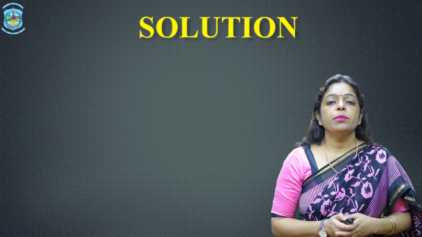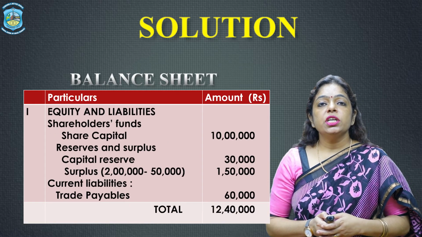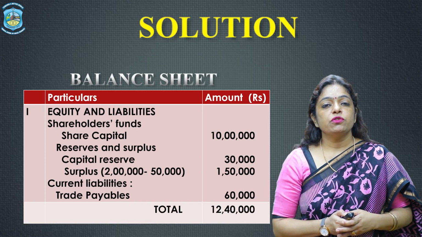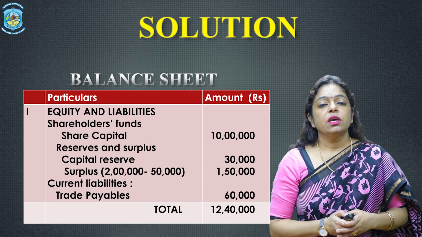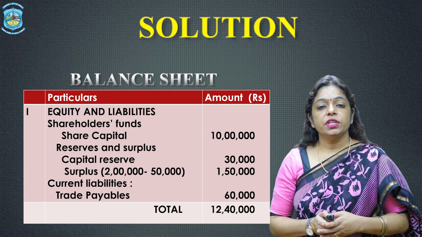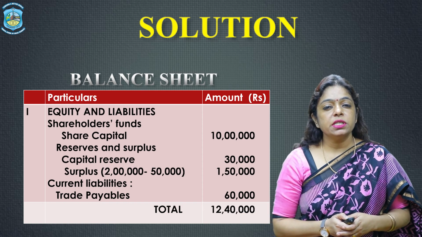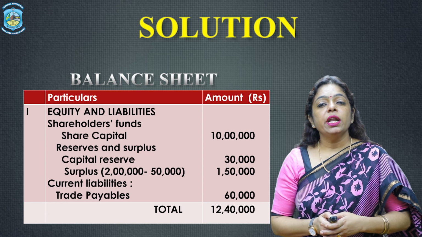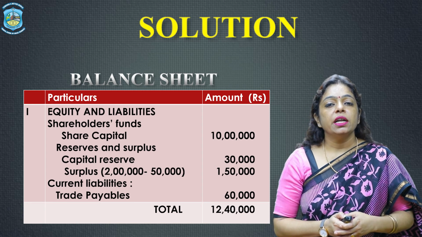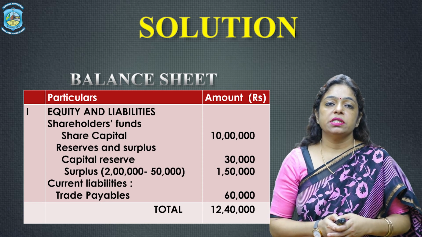Let us see the effect in the balance sheet. In the balance sheet, under equity and liabilities, we have share capital of 10 lakhs. Under reserve and surplus, we have capital reserve of 30,000. We have surplus 2 lakhs minus 50,000, that is 1 lakh 50,000. Current liabilities, trade payables is 60,000.